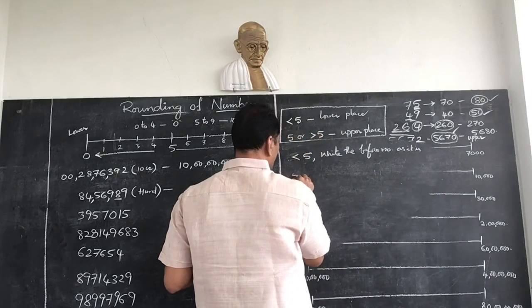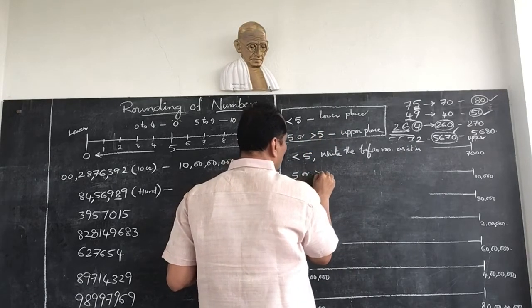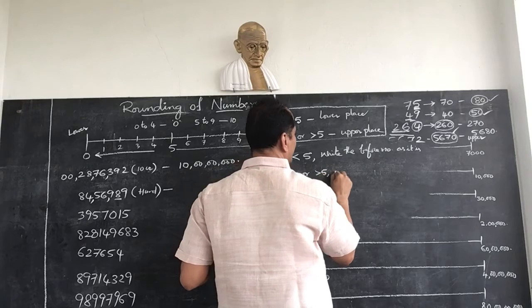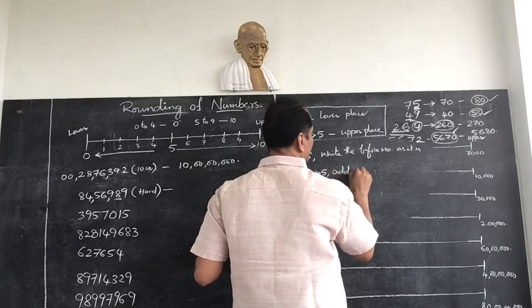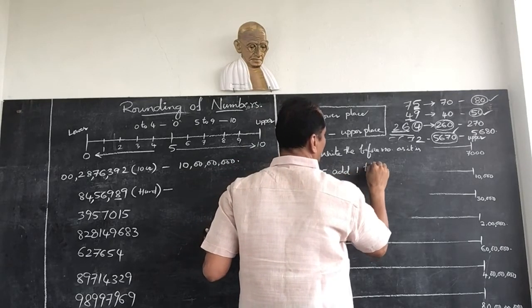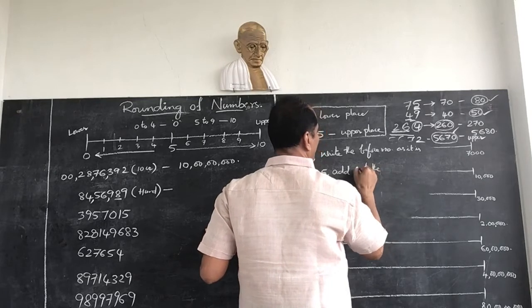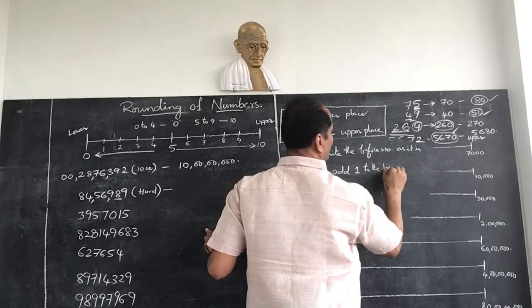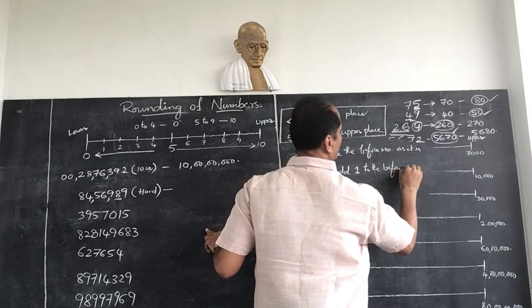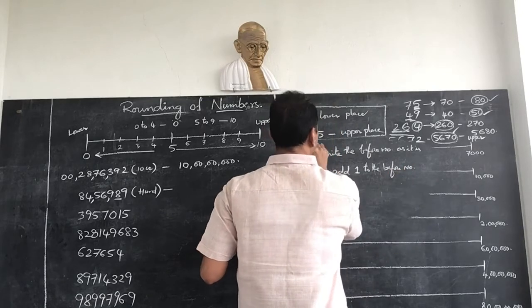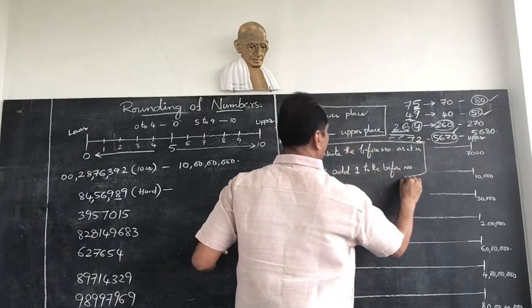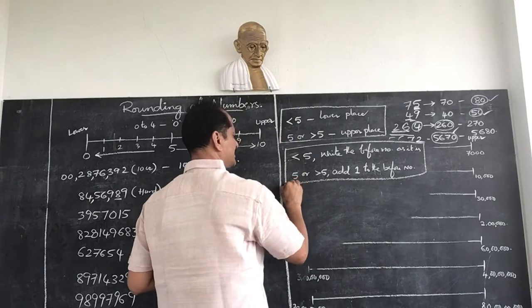If it is 5 or more than 5, add 1 to the before number. Observe carefully here. Very simple.